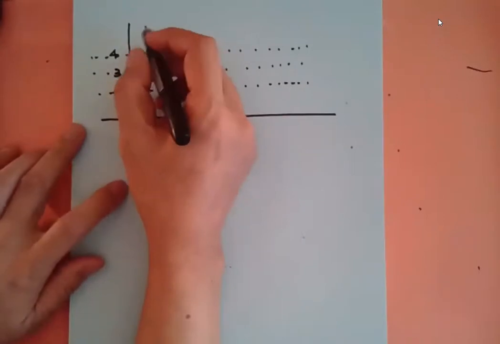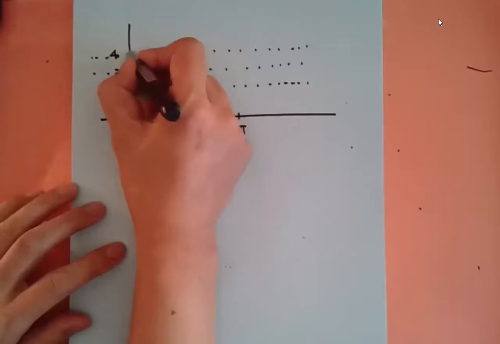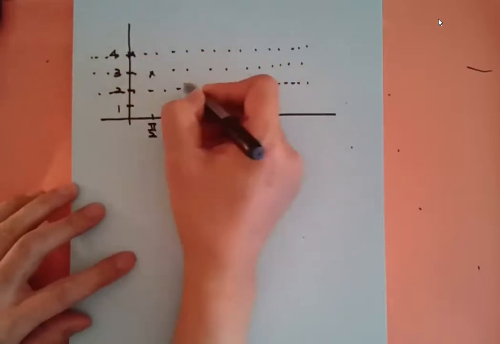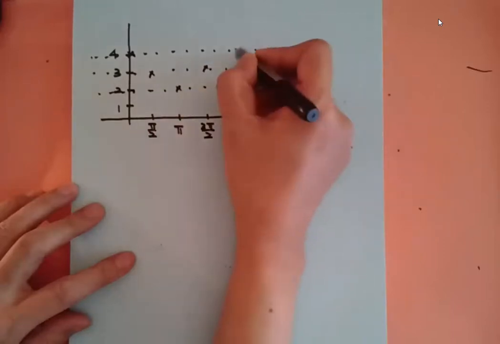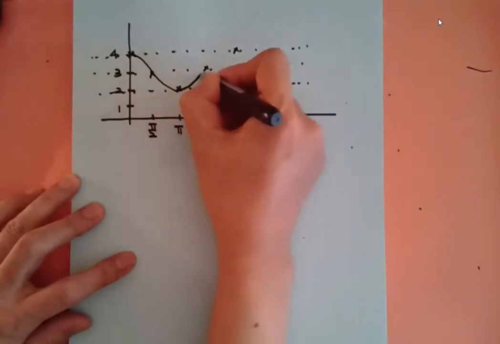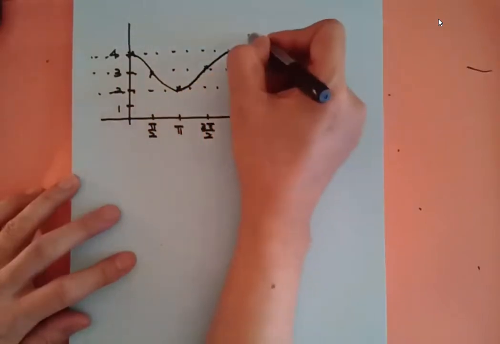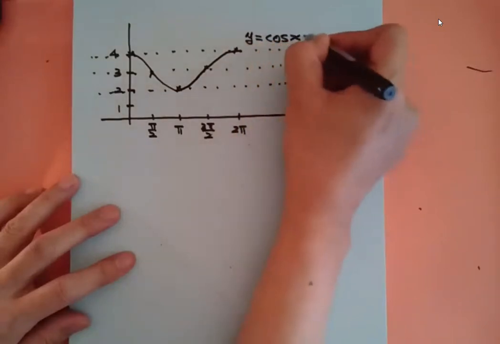Let's graph y equals cosine of x plus 3 first. It starts at the maximum, and the graph will look like this. So this is y equals cosine of x plus 3.